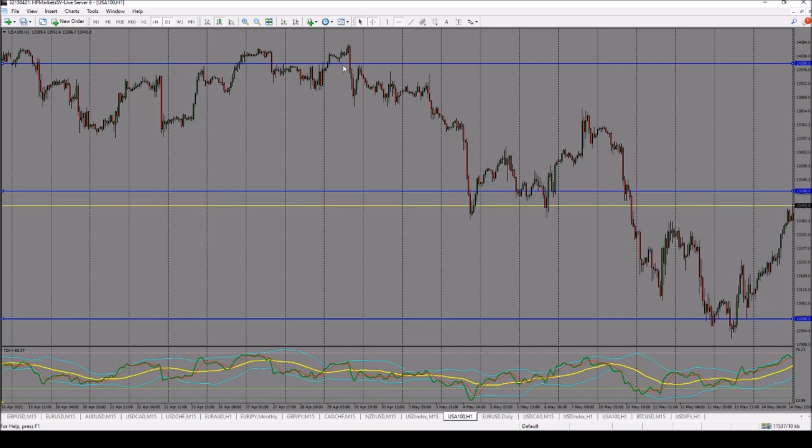This was a level that we could anticipate before it happened, and a reversal setup was issued at this point, and the market went down to another quarter level. On this quarter level, a reversal setup was also issued, and the market did this.